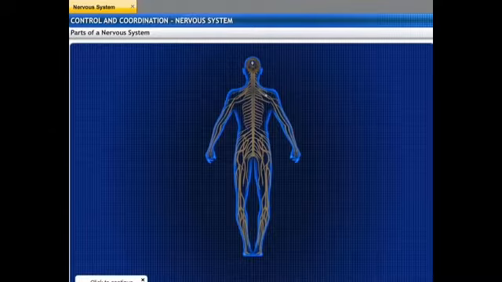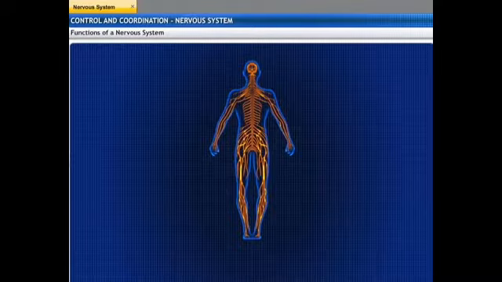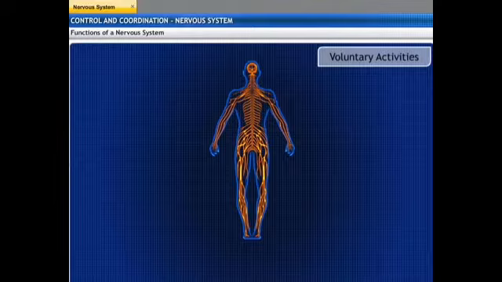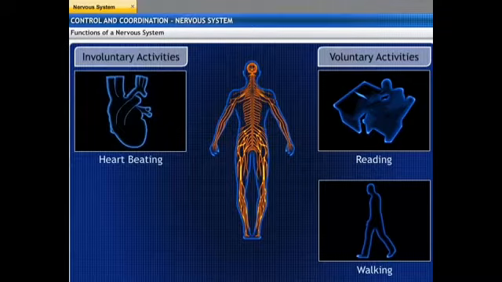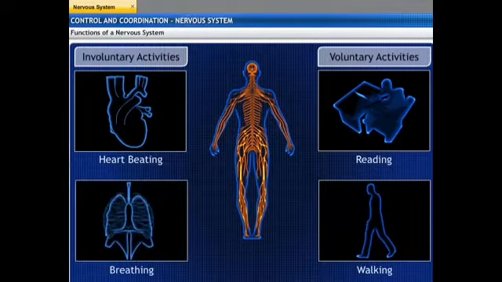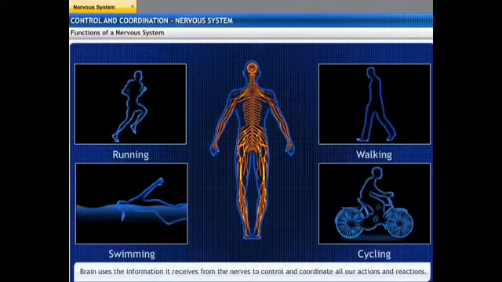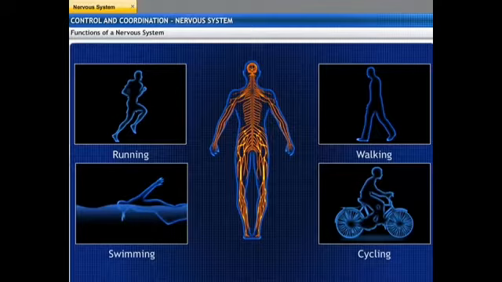It is the action and the reaction which the body ultimately performs in order to survive and have a better life. The activities which humans can control are said to be voluntary activities, like reading and walking, and the activities which cannot be controlled, which occur on their own, are said to be involuntary activities. The brain uses the information it receives from the nerves to control and coordinate all our actions.